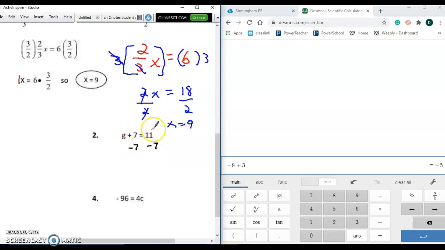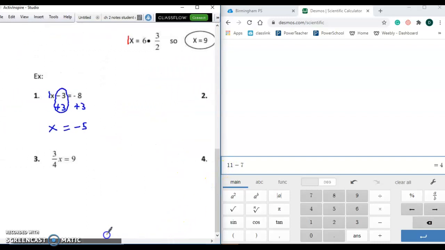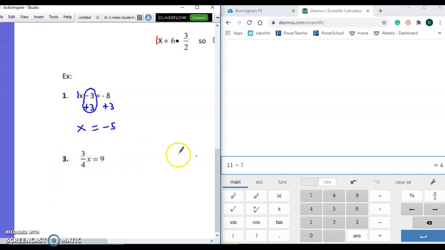Whatever I do on this side, I have to do on that side. So these become 0, leaving me with g equals 11 minus 7, which of course would be 4. So 4 is my answer. 4 plus 7 equals 11. I can substitute that back in. It makes it true.